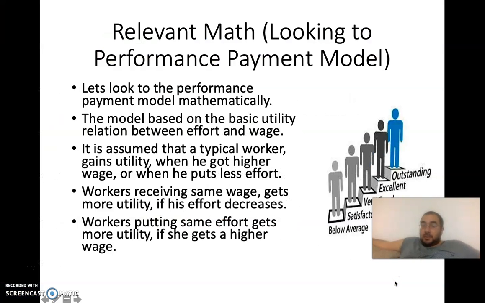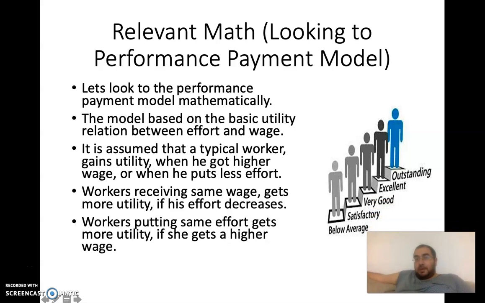Well, now we can start the main part of this lecture, where we will see two different models of payment under the performance payment model, which actually to some extent relates to the last question we have seen in the last part.